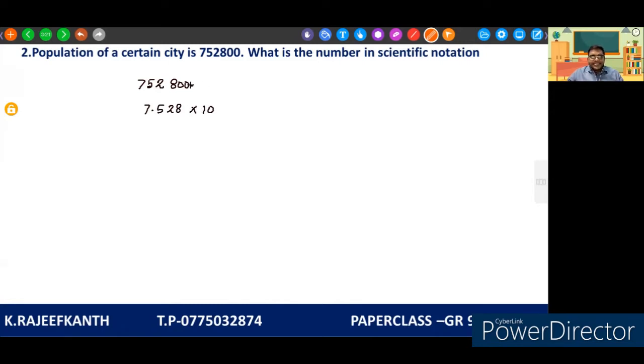Here we are moving this decimal point by 1, 2, 3, 4, and 5 digits. Then we have to write that index as 5. So we have to write this 752,800 as 7.528 times 10 to the power 5, since we move the decimal point by 5 digits.